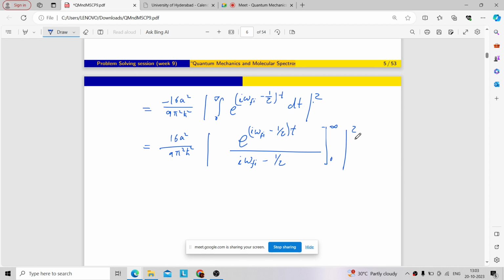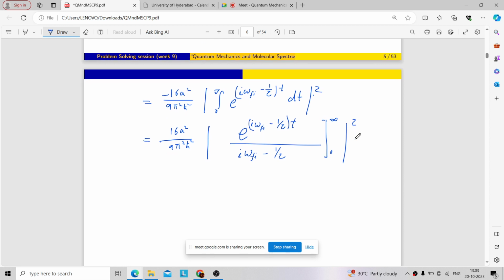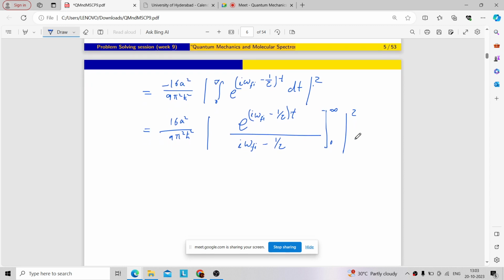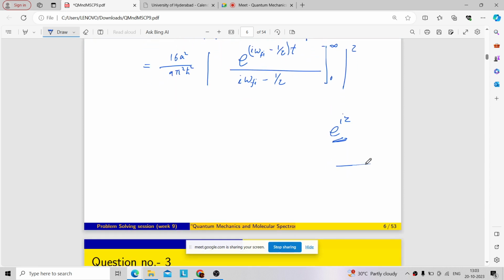Okay, now as you know, e to the power i z is a circle in the complex plane with radius 1.